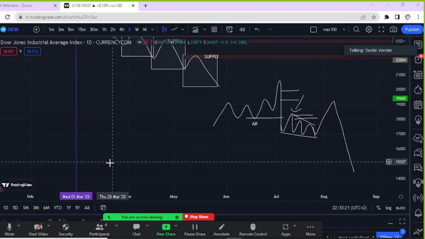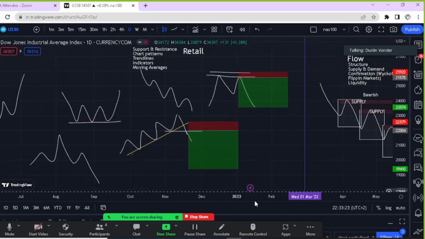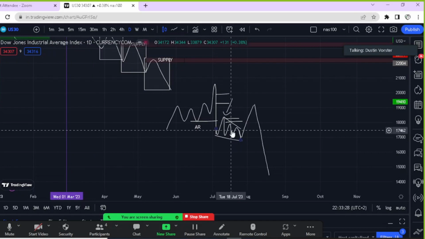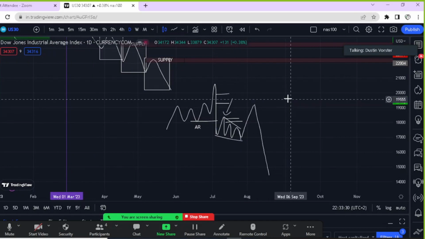And that's why, for me, understanding retail methods is so important to helping you find or seek out the liquidity.